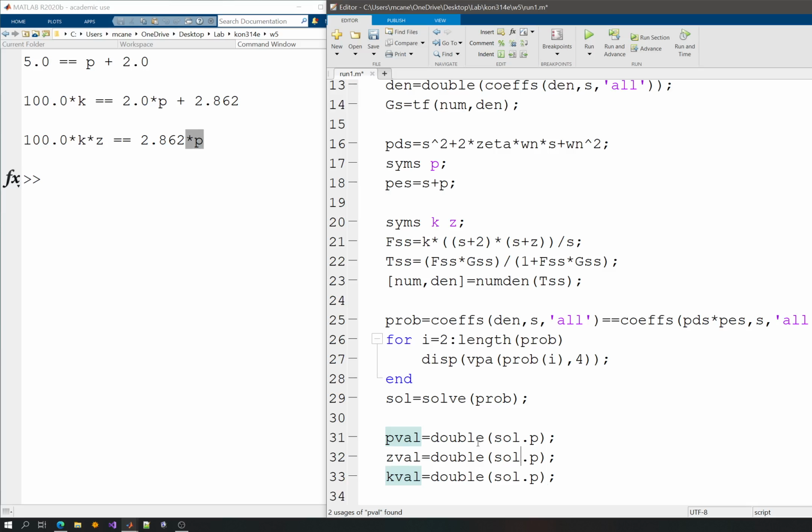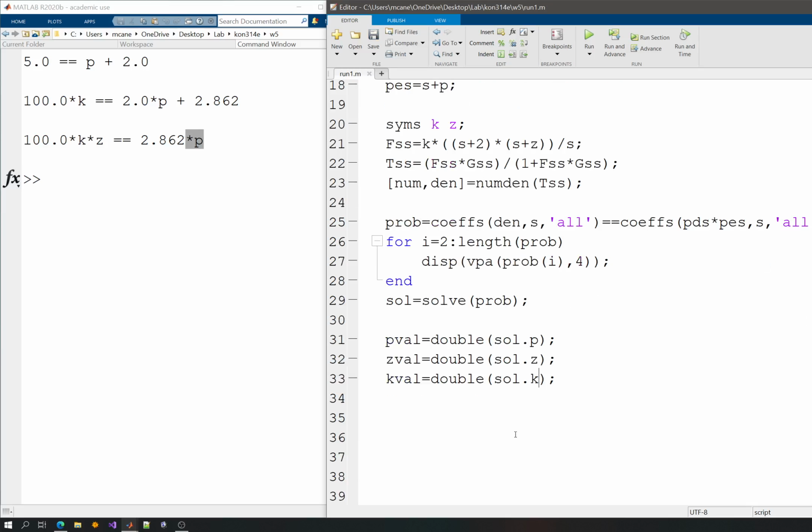I'm placing k-val and z-val just to use different placeholders basically for the real values of p. I might want to check out what the p solution numerically was, or what the expression for p was. So I'm preserving that, and I'm just using placeholders for that.